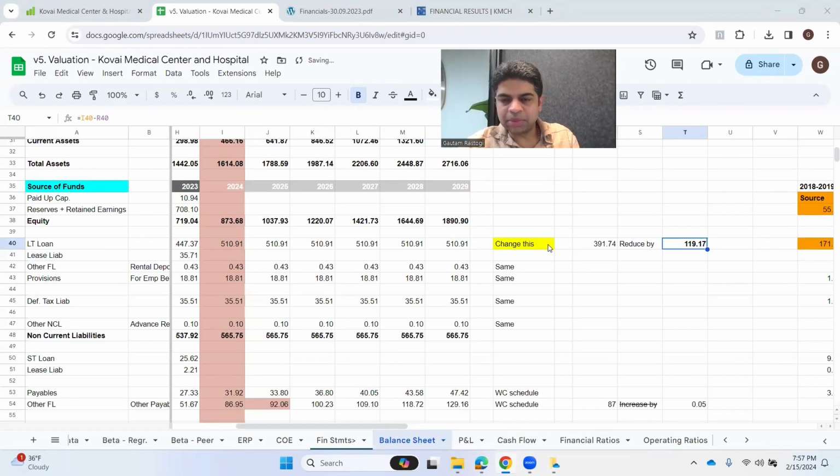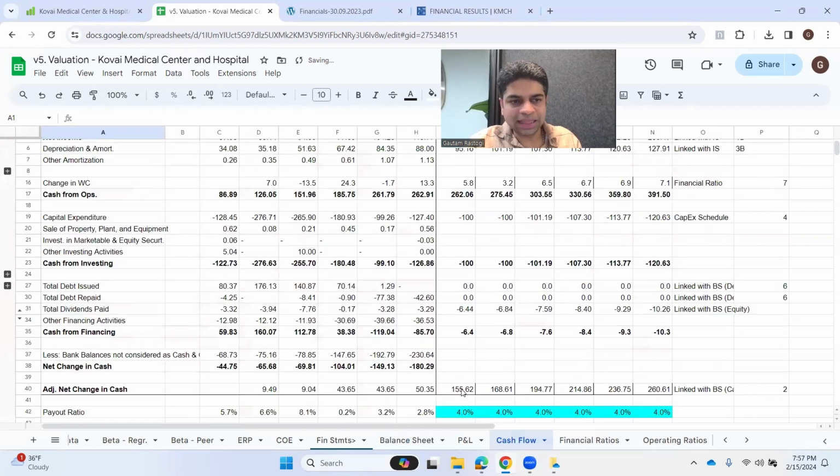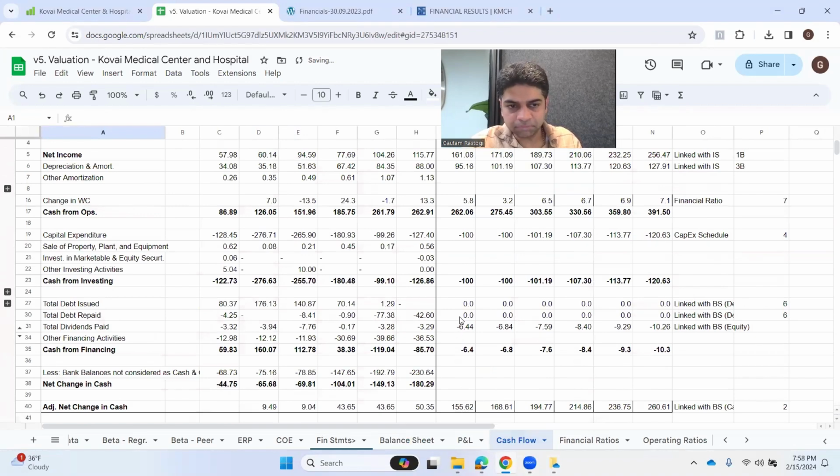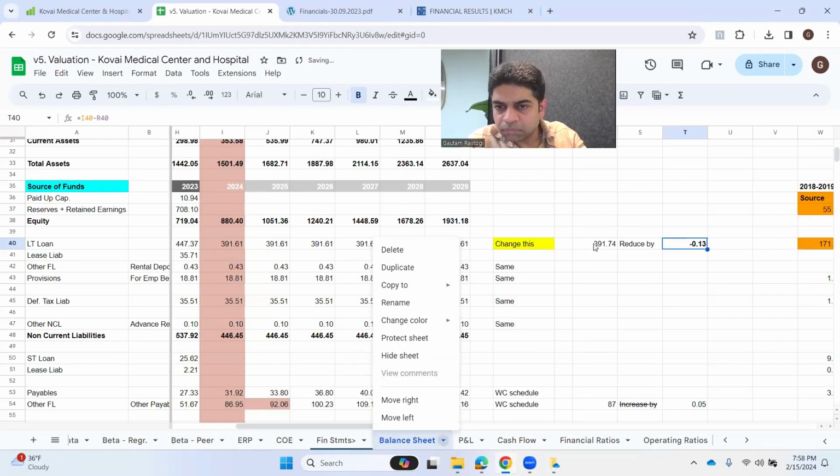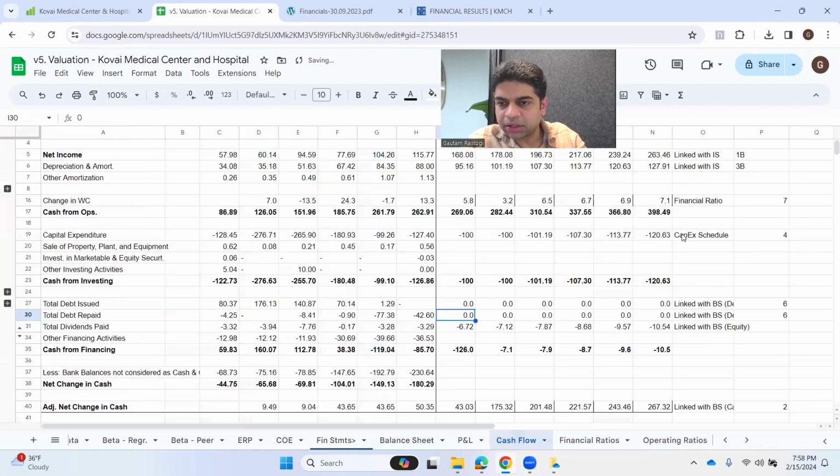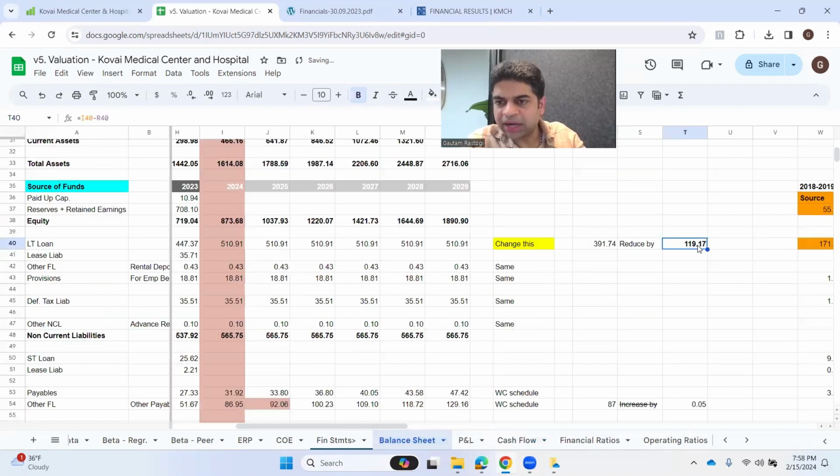All right, so now the only item that's left for us to adjust is debt, and that's key. We've got to reduce the debt by 119 because they have been paring down debt. So let's go to the cash flow statement and write minus 119 point whatever that number was. Let me take a look again. 119.17.